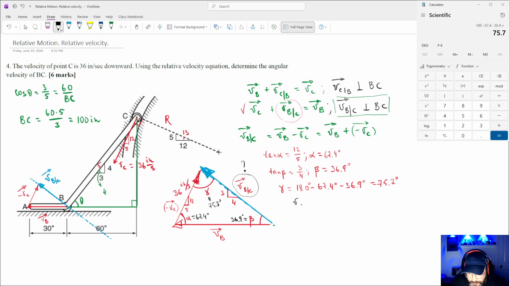So we have velocity of B relative to C divided by sine of 67.4 degrees, and this is equal to 36 divided by sine of 36.9 degrees. As you can see, guys, here we could actually use sine and cosine defined by the slope.